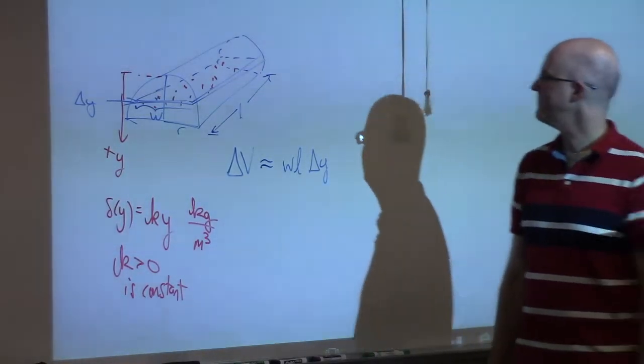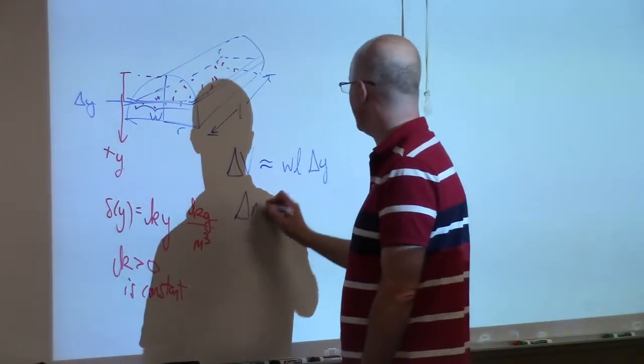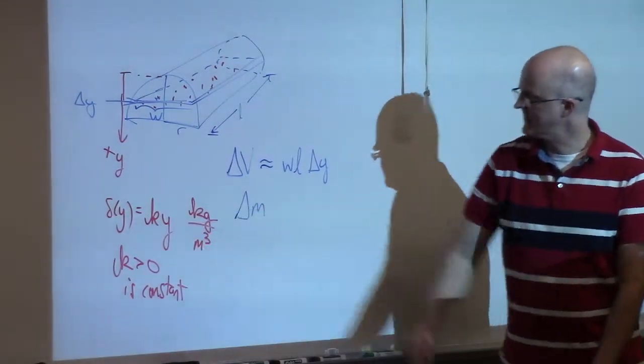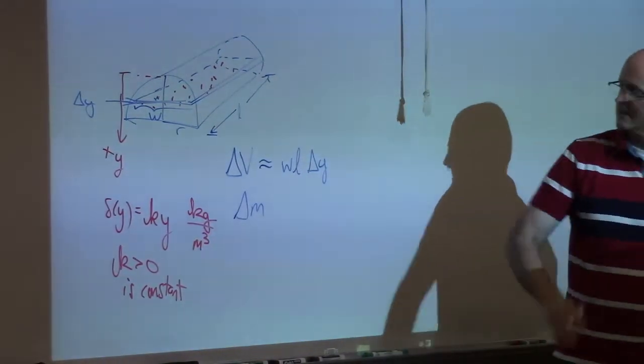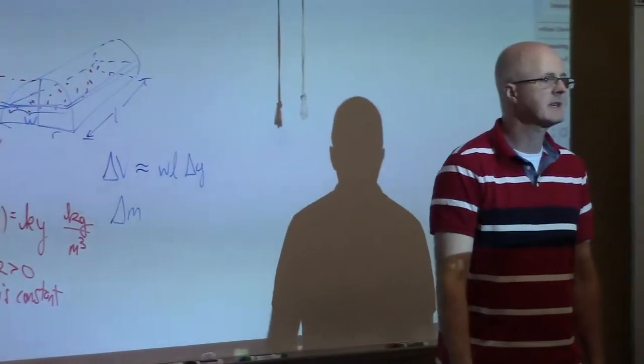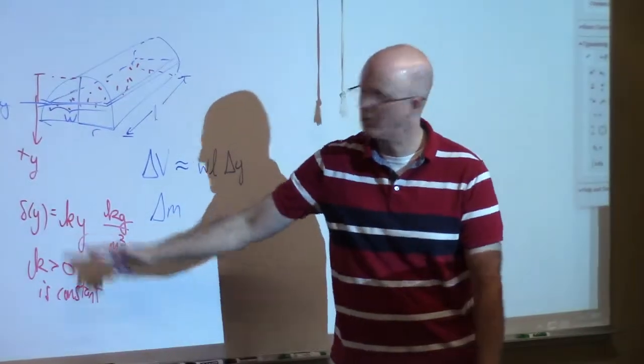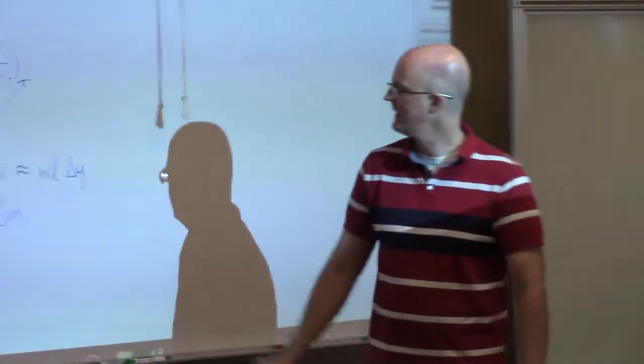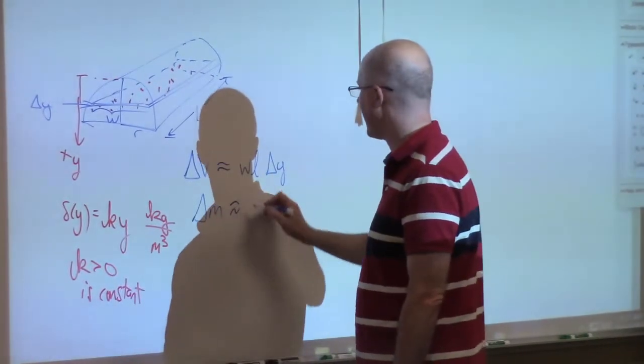How about its mass, which you might call delta M? Just take the density times the volume. It's a thin slab where Y is approximately constant. Go ahead and use this quantity, thought of as being a constant, for that constant value of Y, to give you your approximation to the mass.